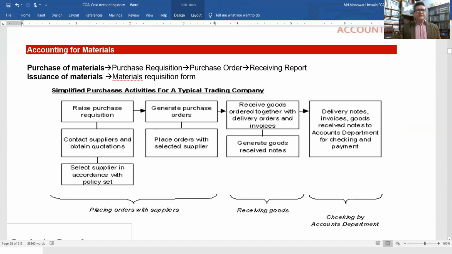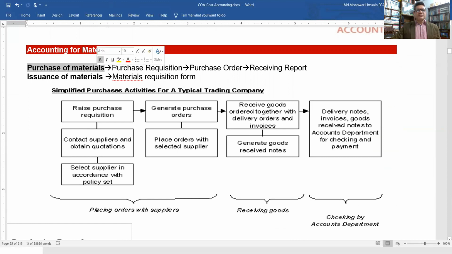Accounting for material, look here, purchase of material, that means purchase requisition, need, then make a purchase order, then receive reports.